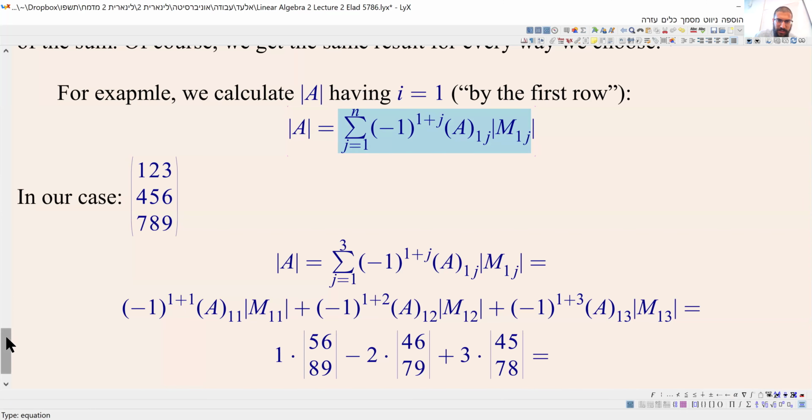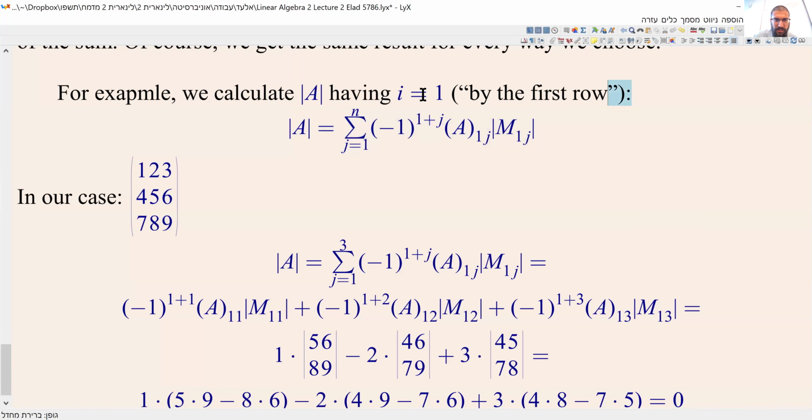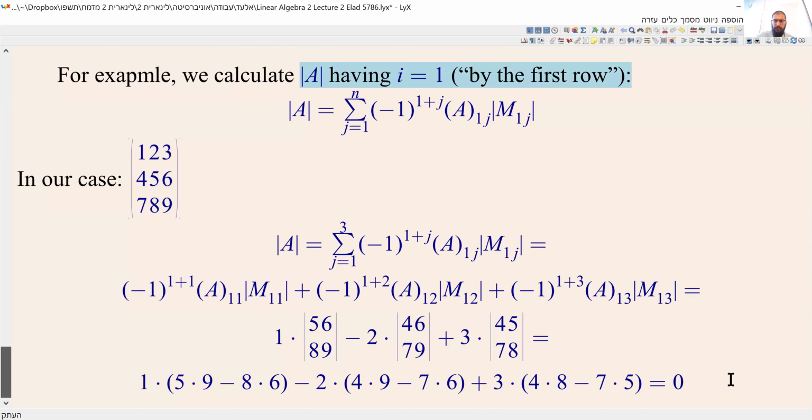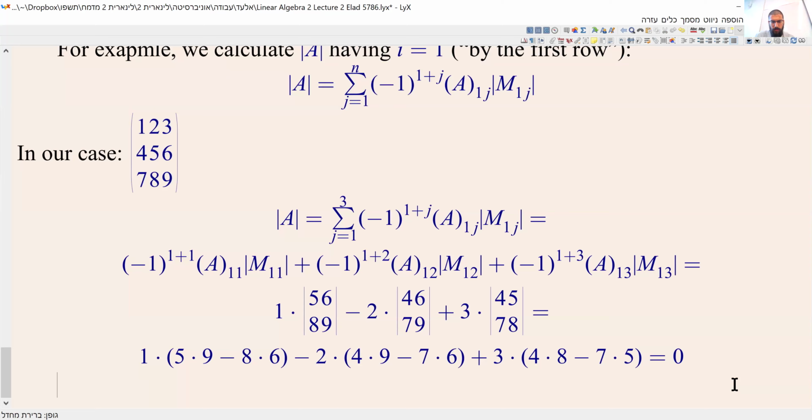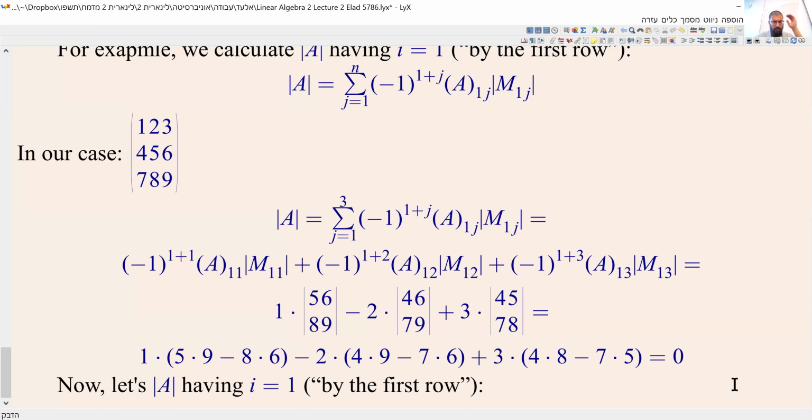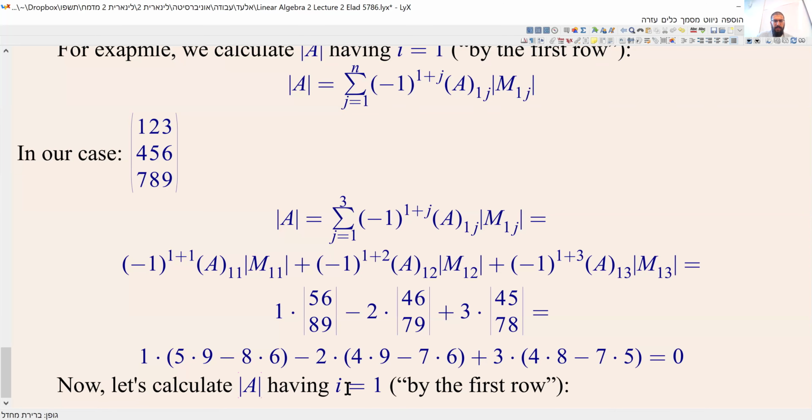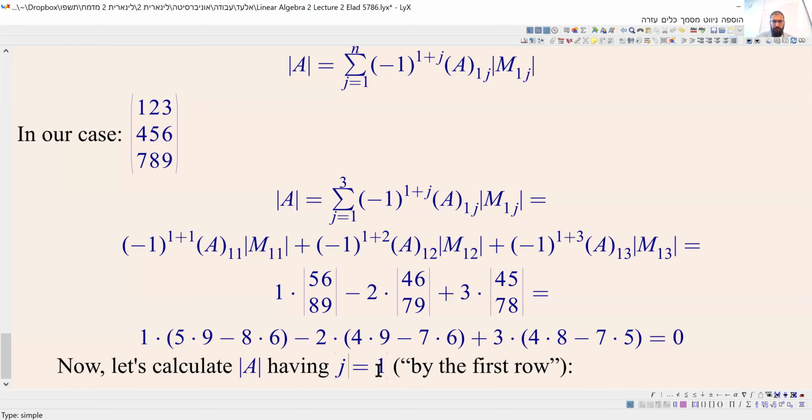Let's, as I said, for the exercise, for the sport, for the practice, calculate it using J is 3. Having, for example, J is 3.